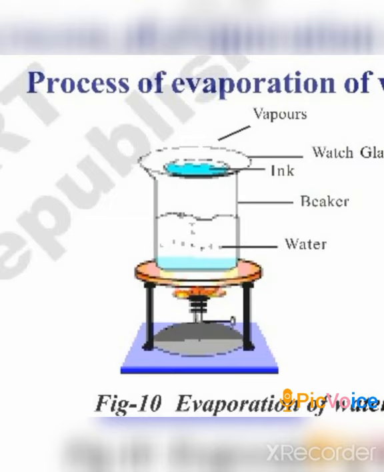Heat the beaker for some time, and the water will evaporate, and the left out matter would be the dye, that is the ink. You can find the ink, that is the dye, separated from the water through the process of evaporation.